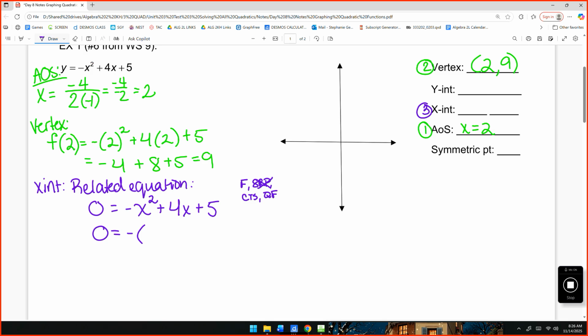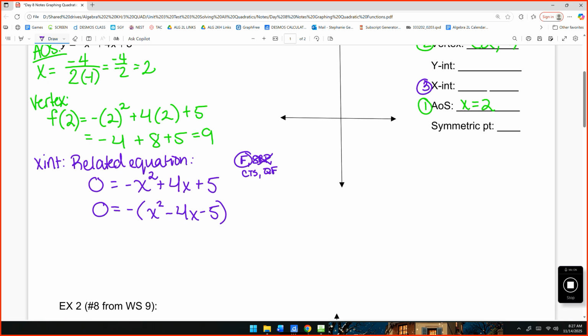That leaves us with x squared minus 4x minus 5. Then you ask yourself, will this trinomial factor? Yeah. And if it will factor, that's the one we've got to do. It's less work. So I'm going to choose factoring for this one.